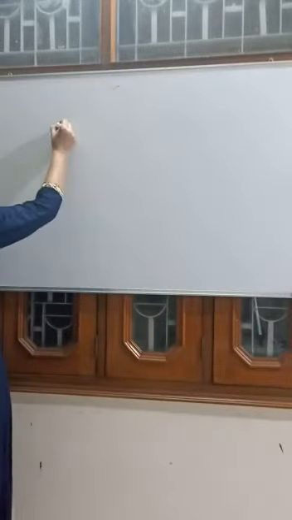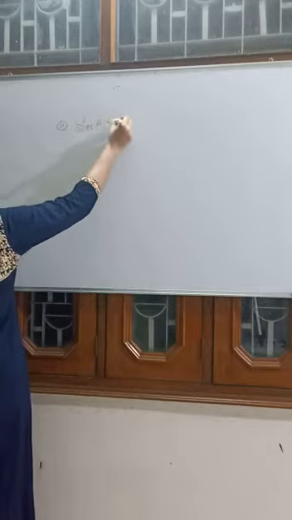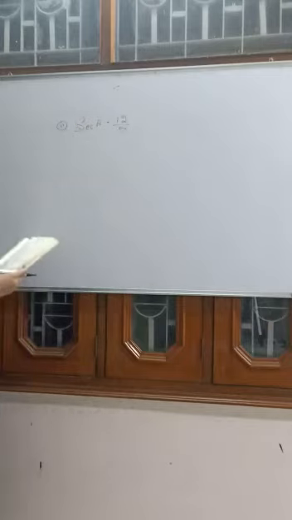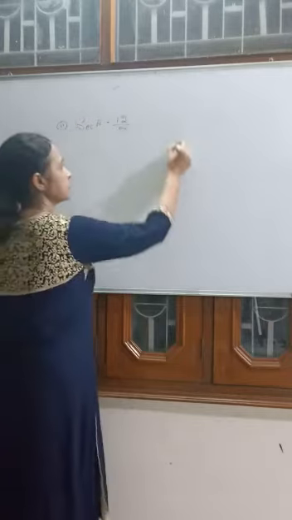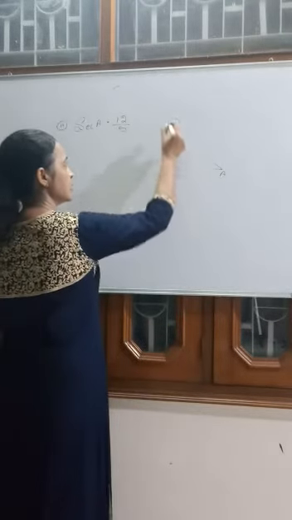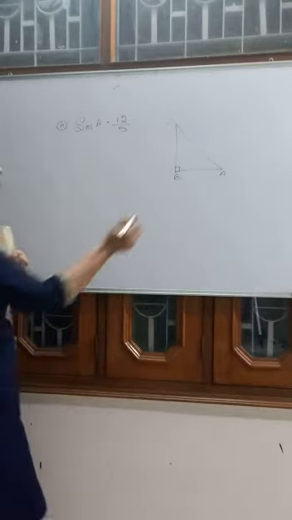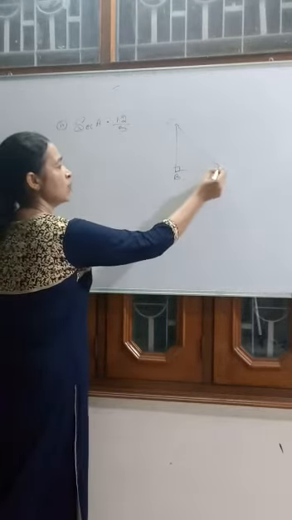Sec A is 12 by 5. Part 2. Sec A equals 12 by 5 for any value of angle A. Suppose it is angle A, it is B, it is C. What is sec A? How can we find sec A? What is the formula for sec A?